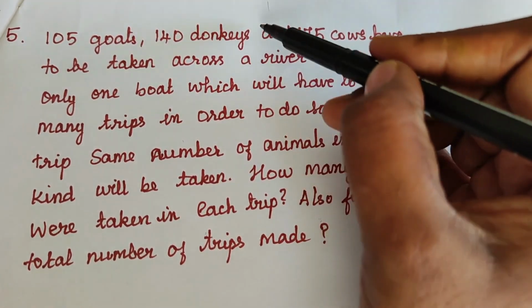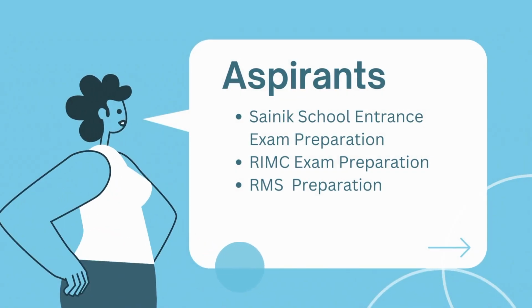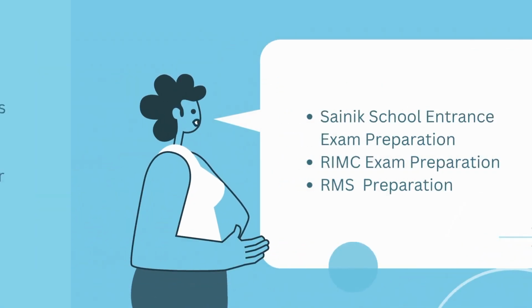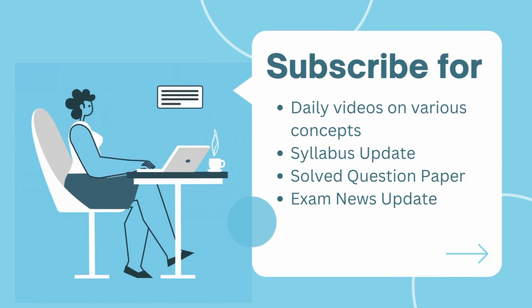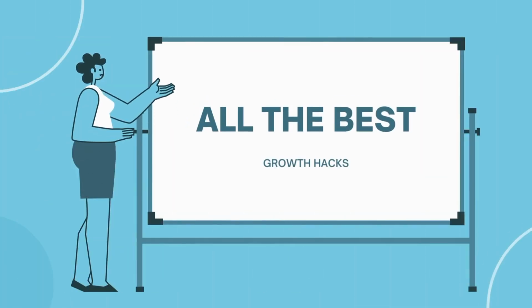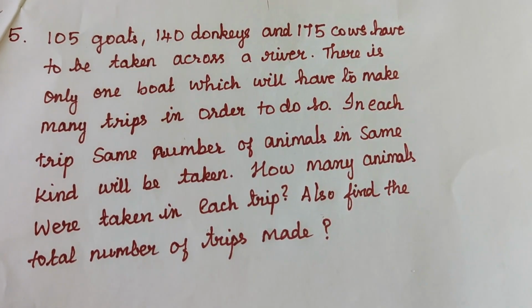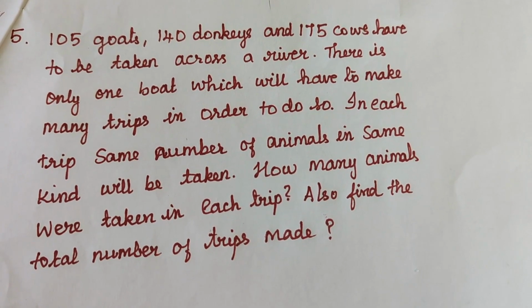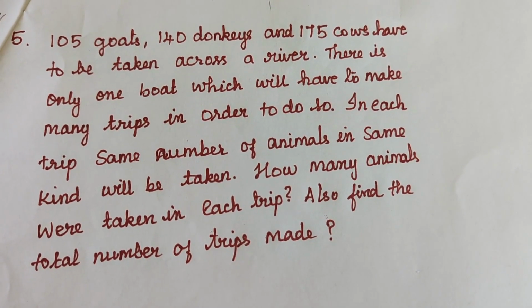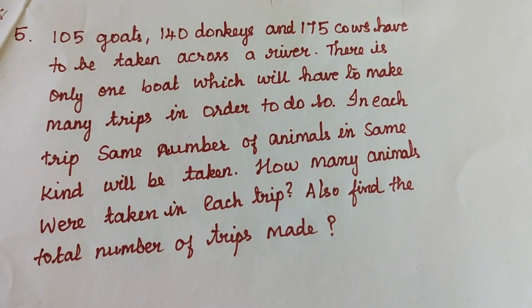Also, 140 donkeys will also be divided by that same number. Cows will also be divided by that same number. So here we want to find that common factor or common divisor. So in this case, we will find the HCF.